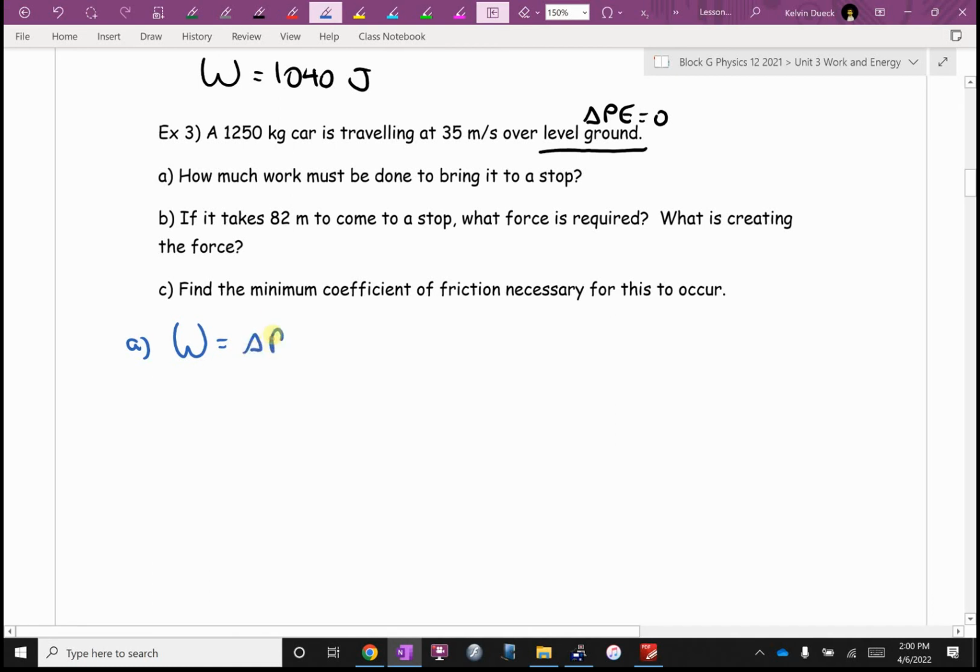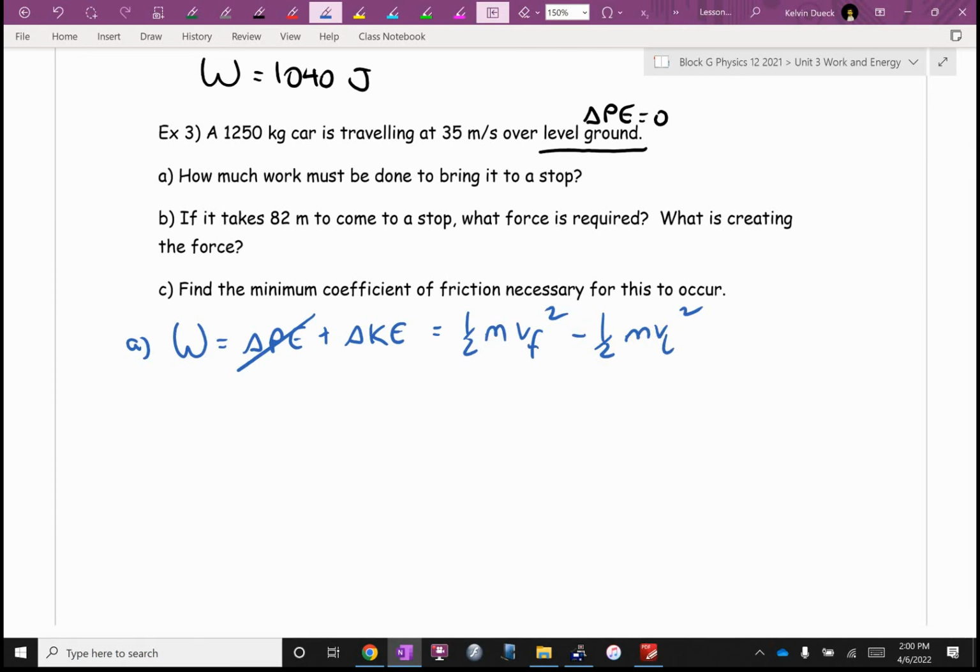Change in potential plus change in kinetic. But in this case, I probably could have even skipped writing the change in potential because level ground. What's change in anything? So this is going to end up being a half m v final squared minus a half m v initial squared.